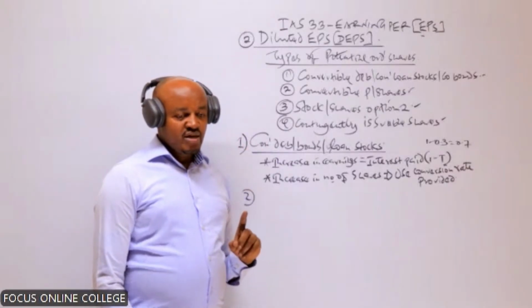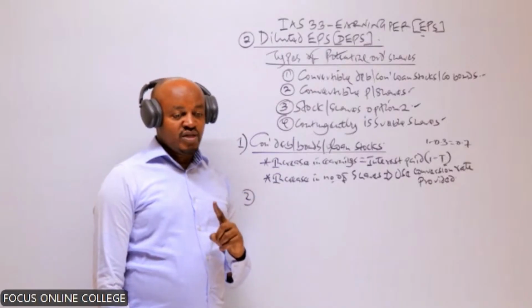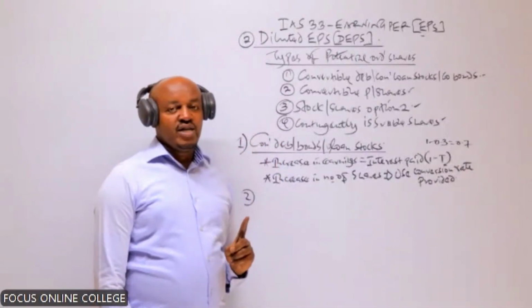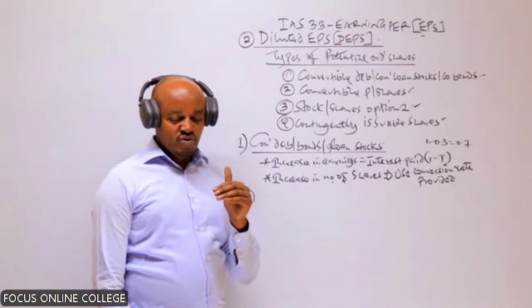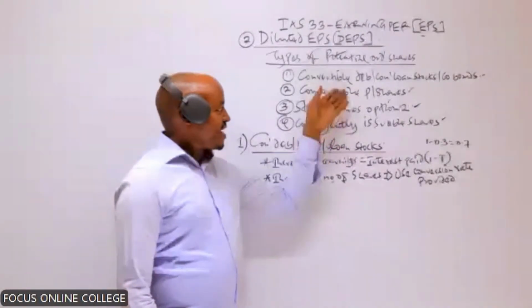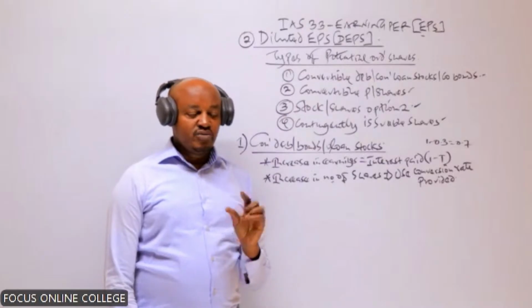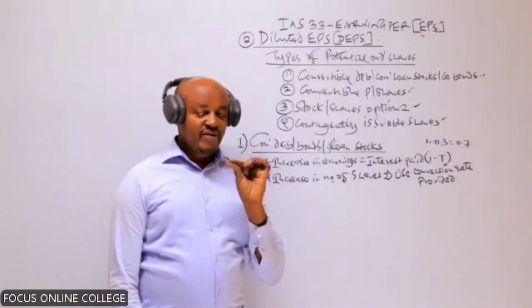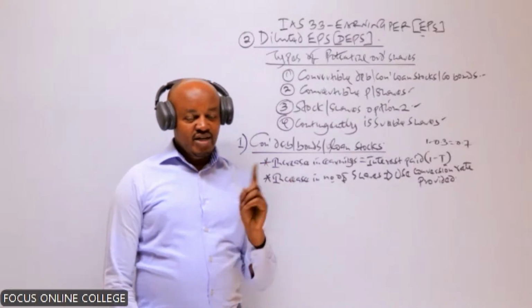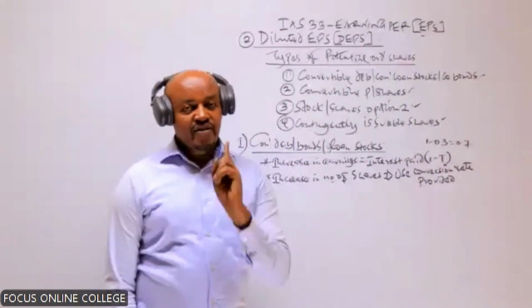Now, before we look at these other potential ordinary shares, there is something you need to note from what we did in the topic of financial instruments, IFRS 9, and what we are discussing here, the topic of EPS, IAS 33. If you recall, under IFRS 9, if a company has issued any of these convertible debt instruments, we refer to this as a compound financial instrument.